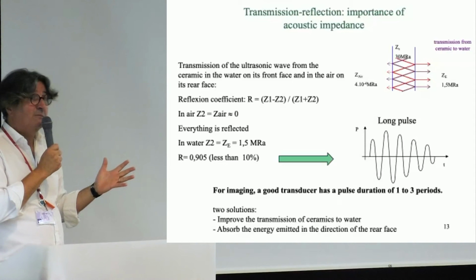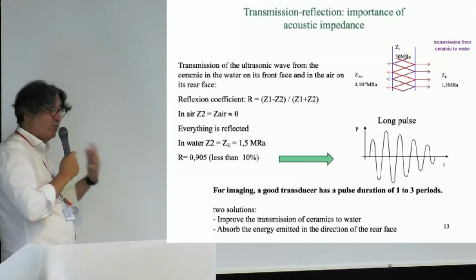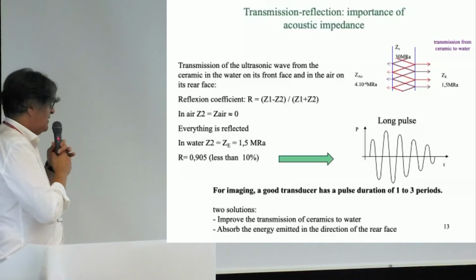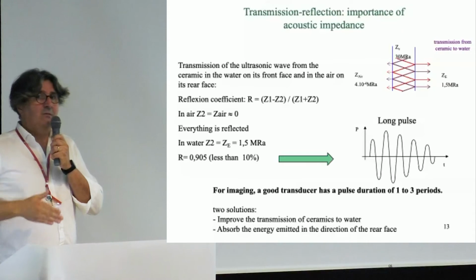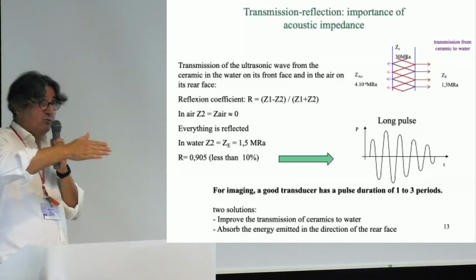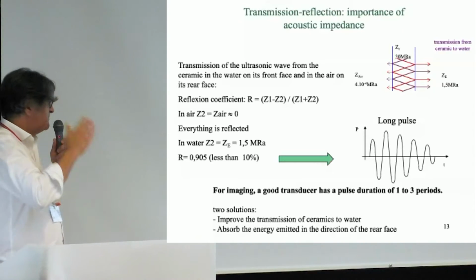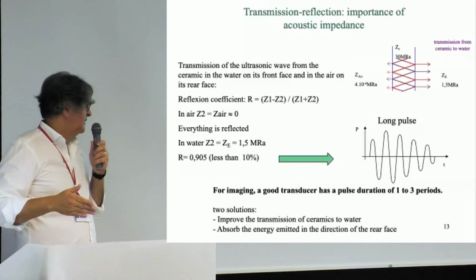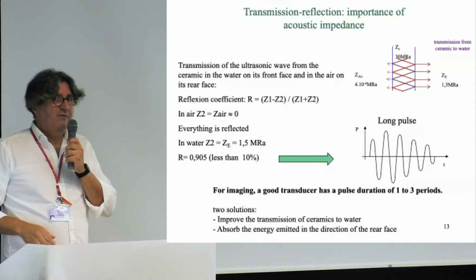To do so, you have two options. First, improve the transmission from the ceramic to water, or to the propagation material. Second, absorb the energy that is emitted on the rear face of the transducer.